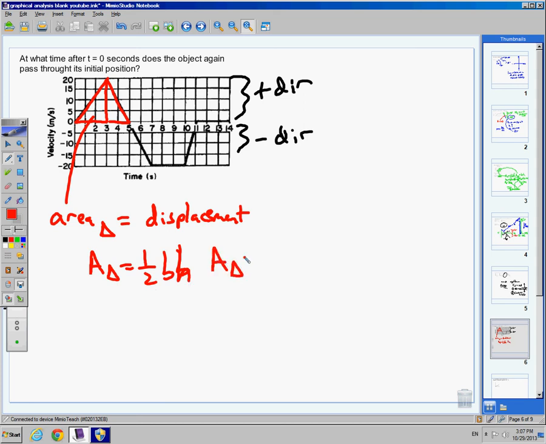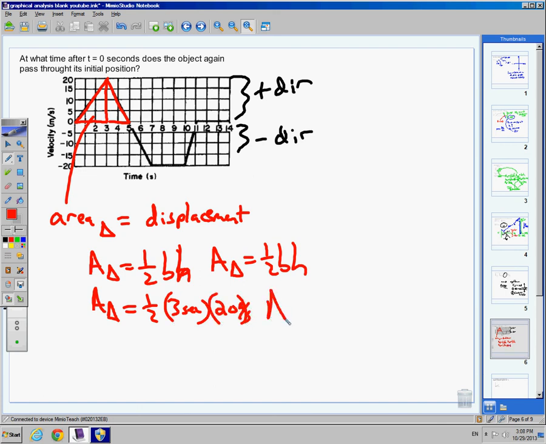Area of a triangle equals 1/2 base times height. We might not have a tremendous amount of room on here, but we'll figure it out. So the area equals 1/2 base, the first triangle is going to be 3 seconds. The height is going to be 20 meters per second.